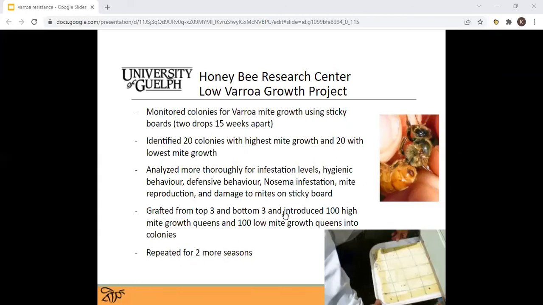But for the practical use of the industry, it doesn't really matter what the exact mechanism is. It just matters that every year your honeybees are getting a little bit more resistant to Varroa mites. So it's really fantastic that we have this practical field assay for Varroa resistance.